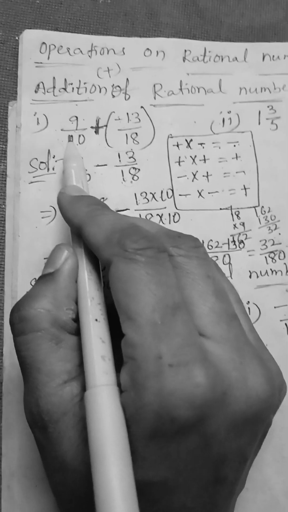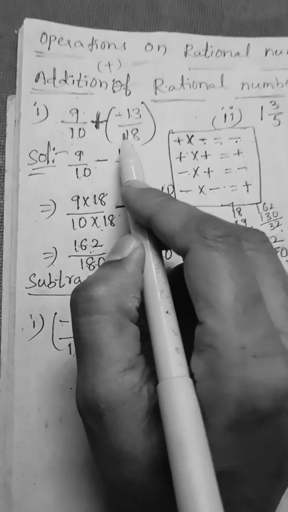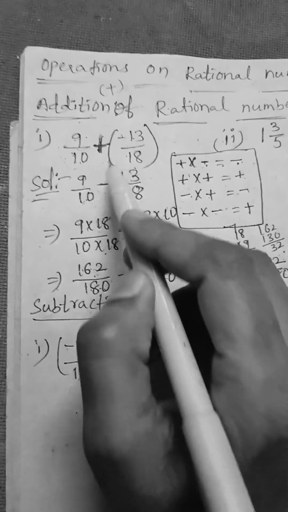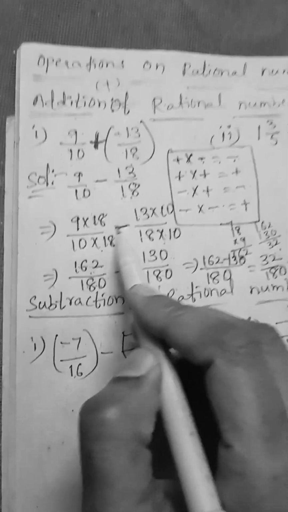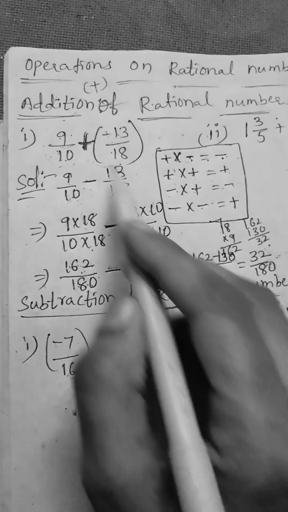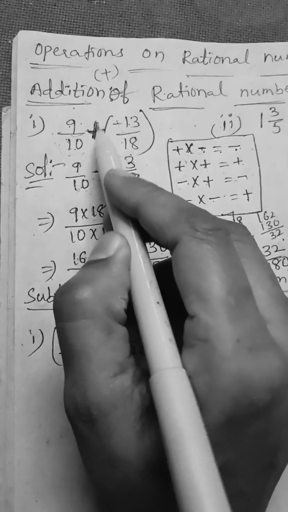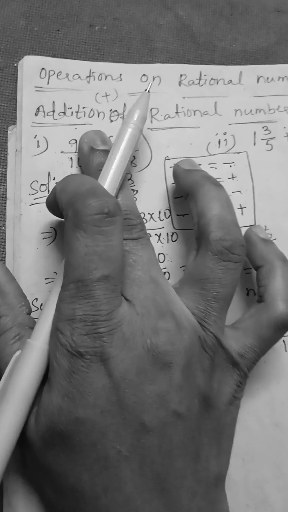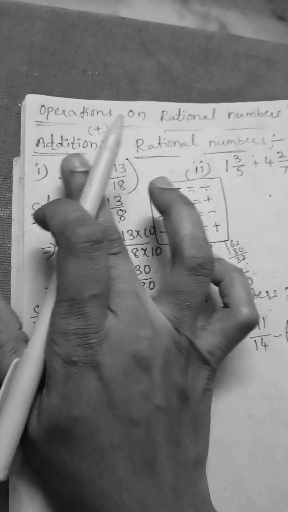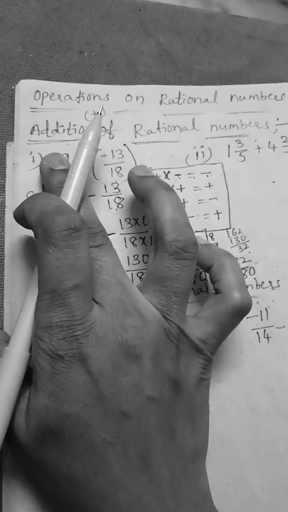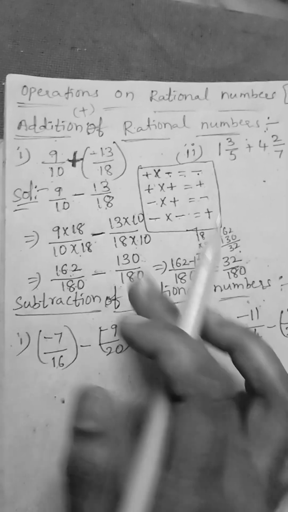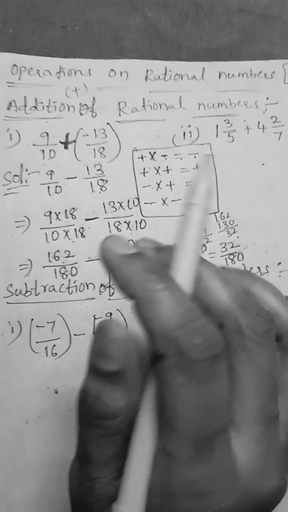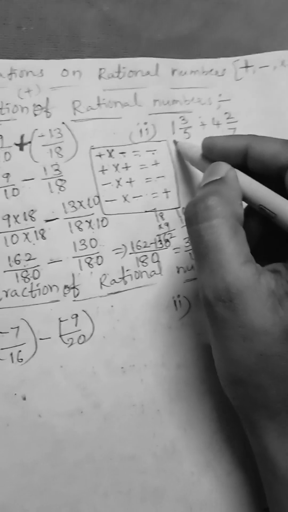But here there is one positive fraction and one negative fraction, so that's why you are getting minus, subtraction. This is a common addition of two fractions, where one is negative and one is positive, so automatically it becomes subtraction only. Don't get confused. Okay now.